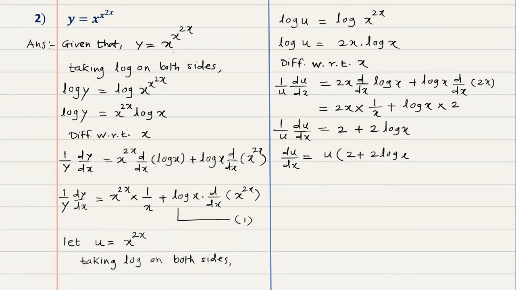You can take 2 common also, and replacing u again as x raised to 2x, we get x raised to 2x into bracket 2 plus 2 into log x. This is du by dx.